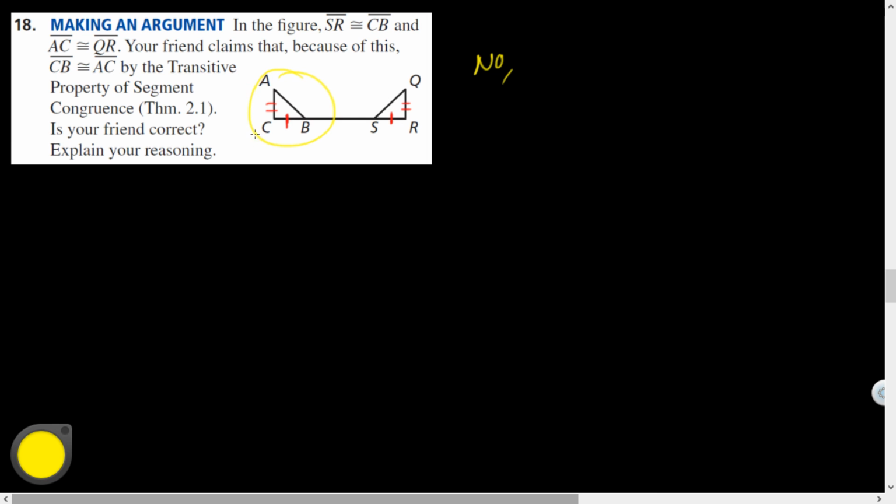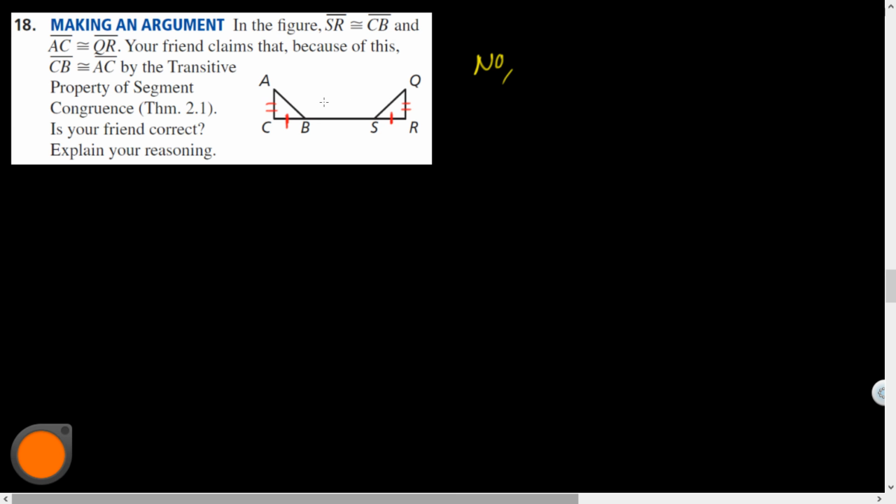It's possible they were, but with the given information, no. If I tried to work this way, there's no SR over here. If I tried to work this way, there's no CB in there. Transitive property does not apply.